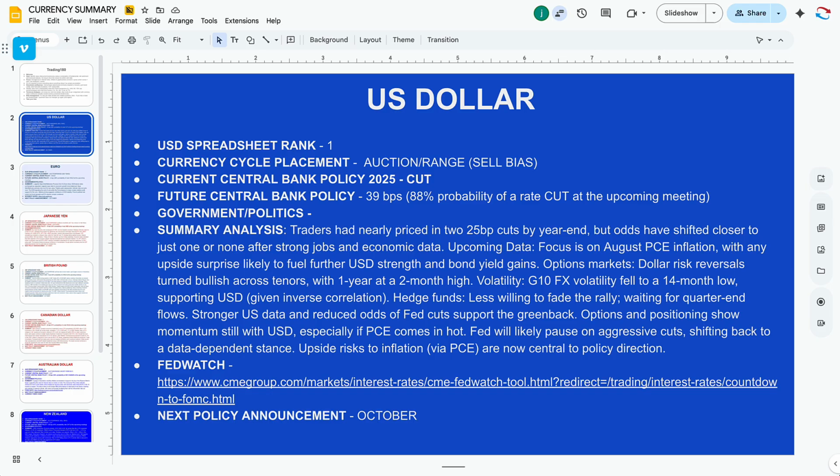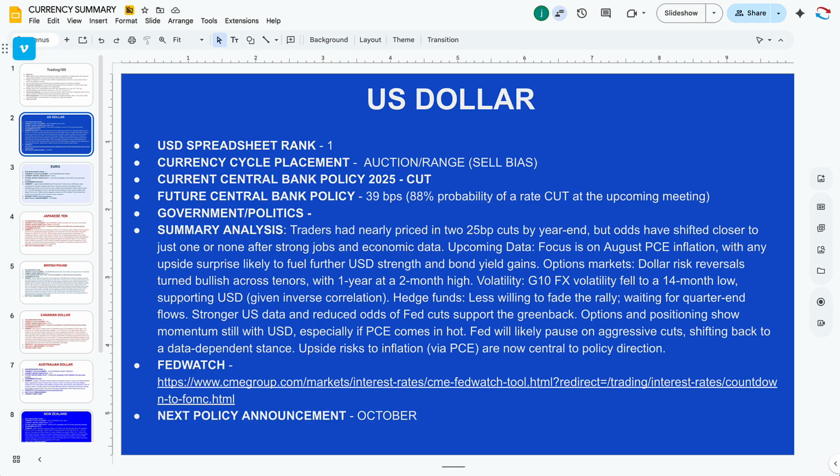So it's still high, but we'll look for this week's data, which will confirm whether the market has been offside with pricing in deeper cuts, or whether fewer cuts are more justified. It says here odds have shifted closer to just one or none after strong jobs and economic data, and that came out on the Wednesday and the Thursday.